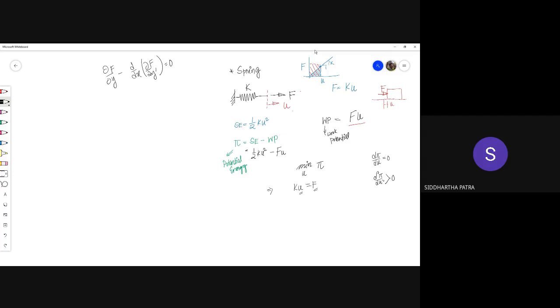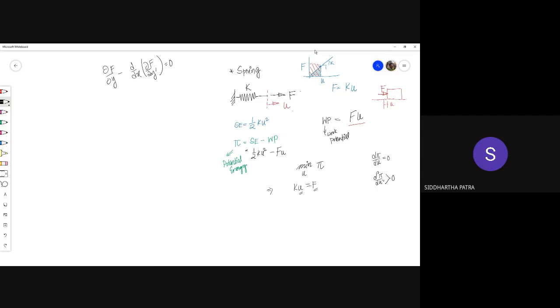On application of this force, the free end of the spring displaces by a distance of u. That is the response of the spring. So the response is such that it minimizes this so-called potential energy, which is the strain energy minus the work potential.